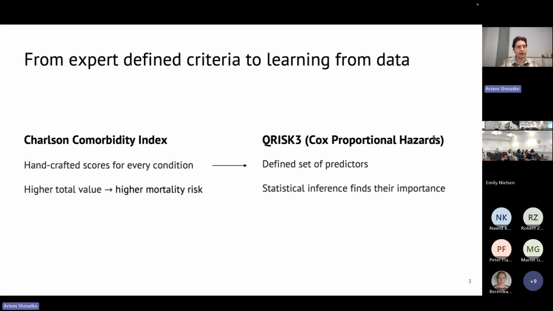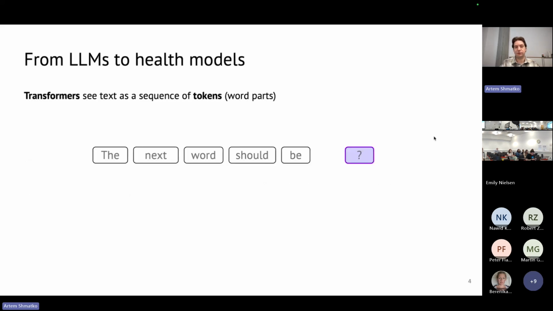And given the current agenda of AI, of course, we took some inspiration from the LLMs. Transformers are the architecture the LLMs work on.